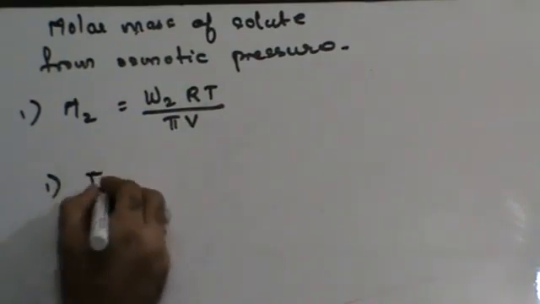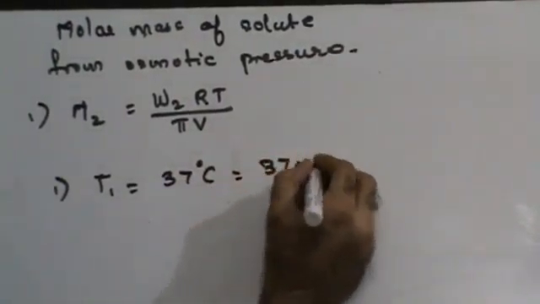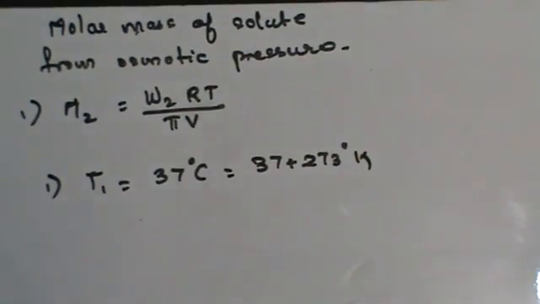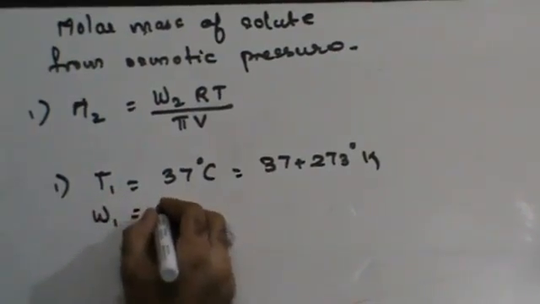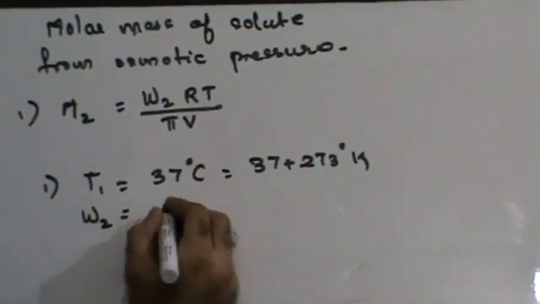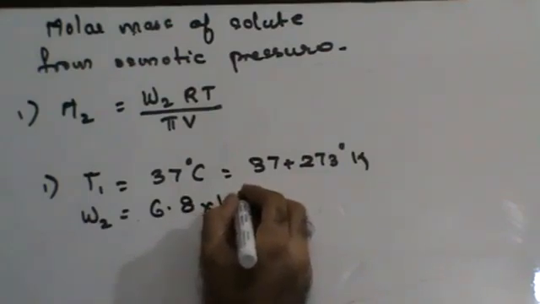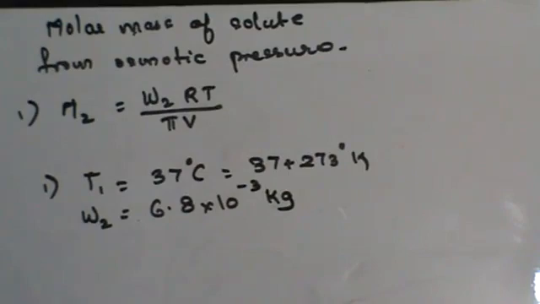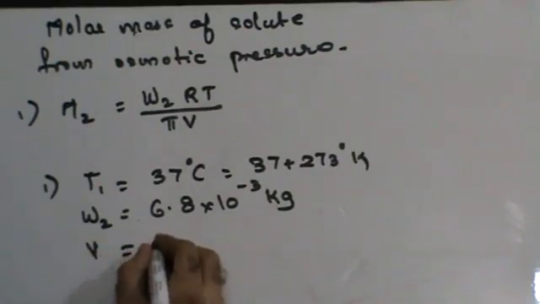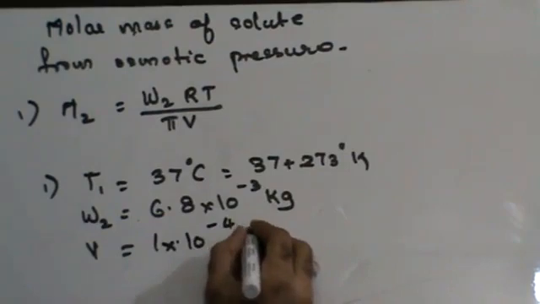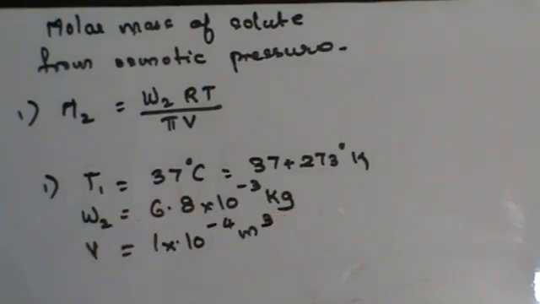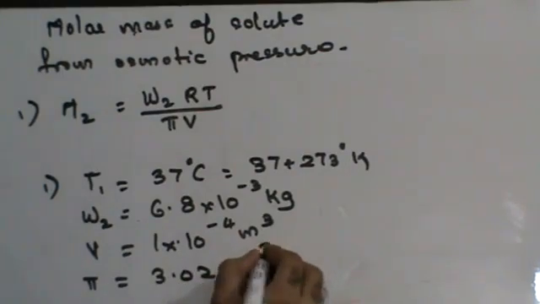At 37 degrees Celsius, the osmotic pressure of a solution containing 6.8 into 10 raised to minus 3 kgs of protein per 1 into 10 raised to minus 4 meter cube of solution is 3.02 into 10 raised to 3 pascals.